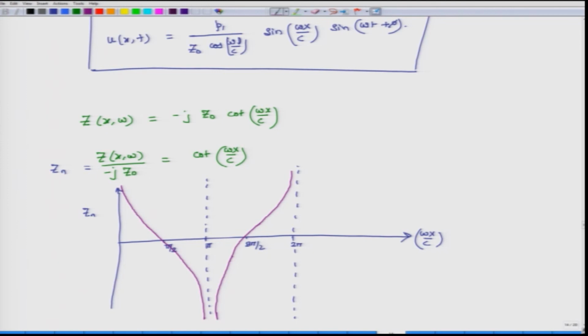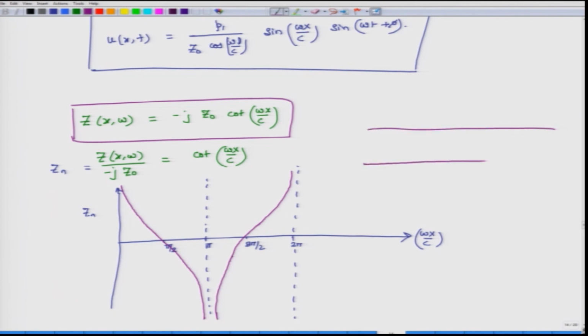So, the specific acoustic impedance in the tube varies in this manner. For a given frequency, this is my x equal to 0.